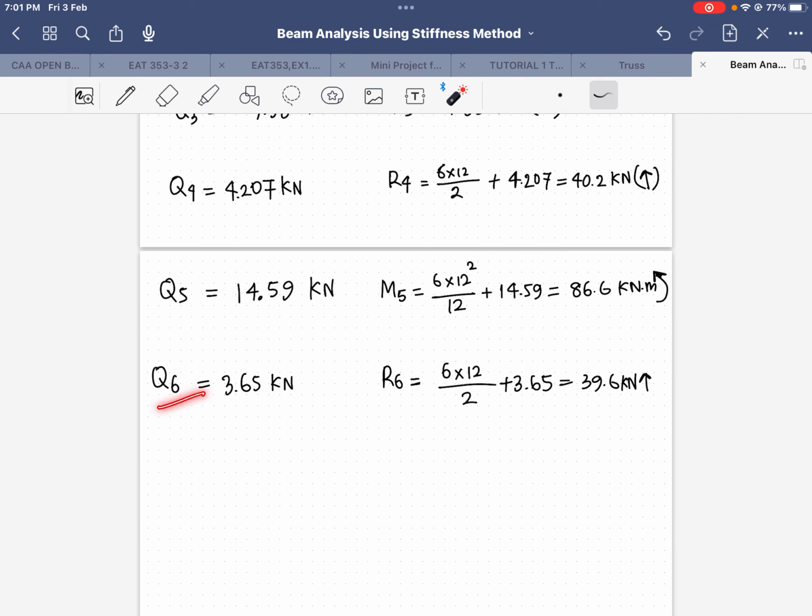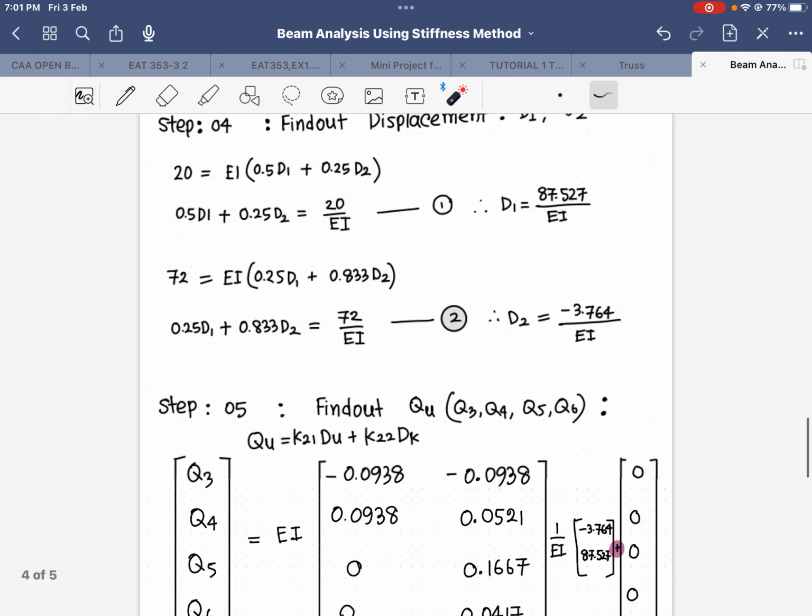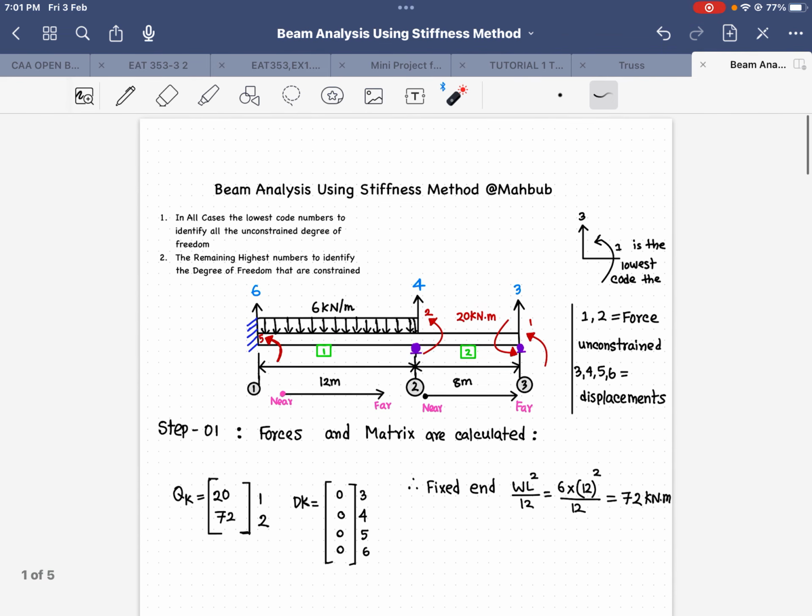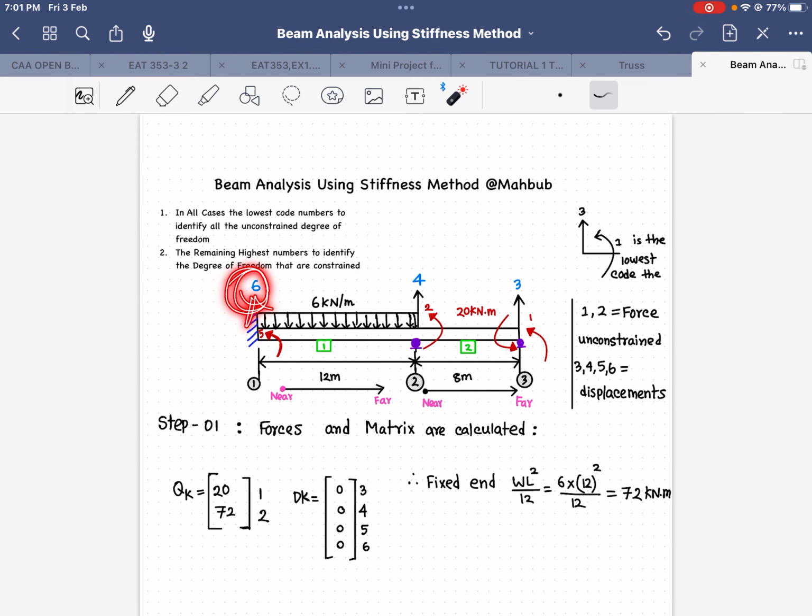External load Q6 equals 3.65. In this case, I put the upward load. Why do I put the upward sign? Because I already mentioned here that Q6 will be upward.